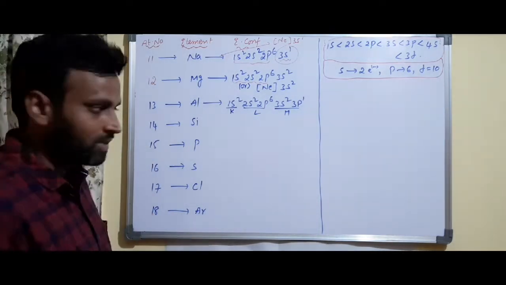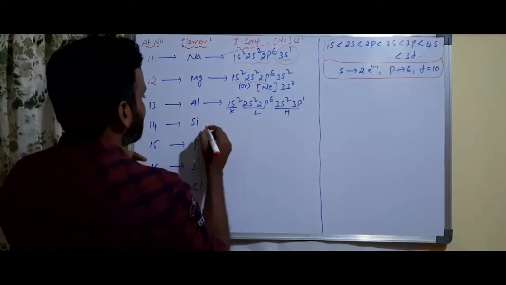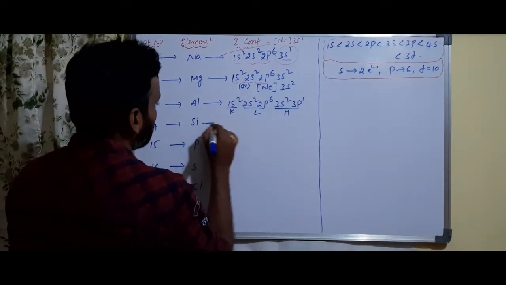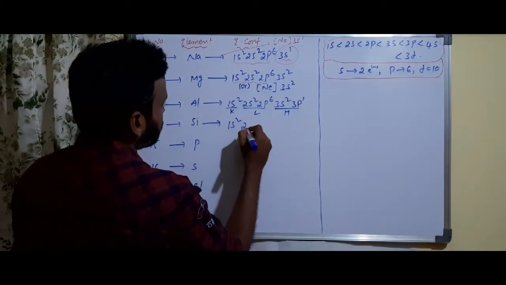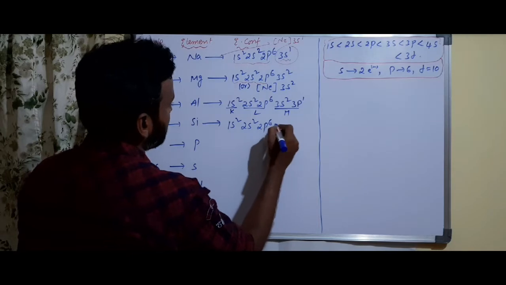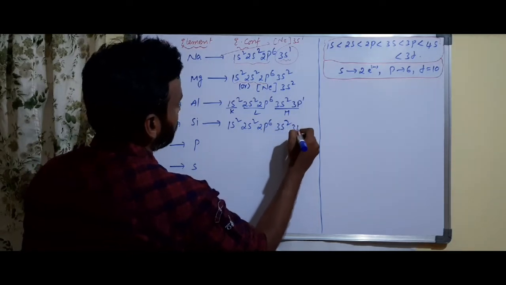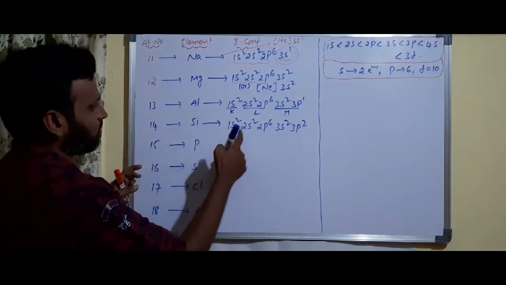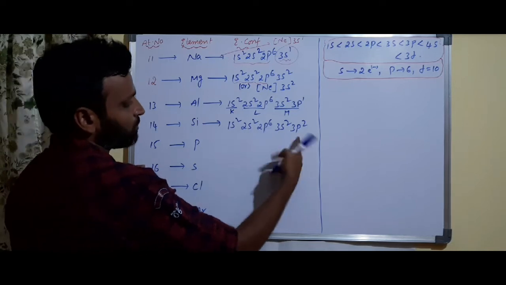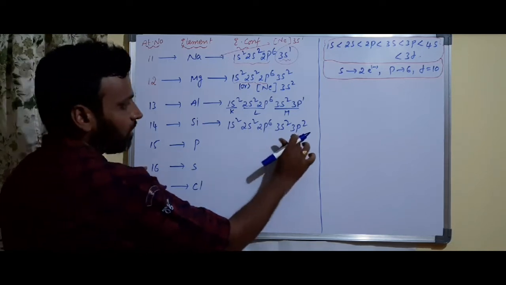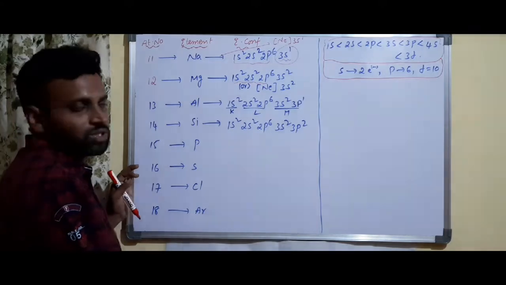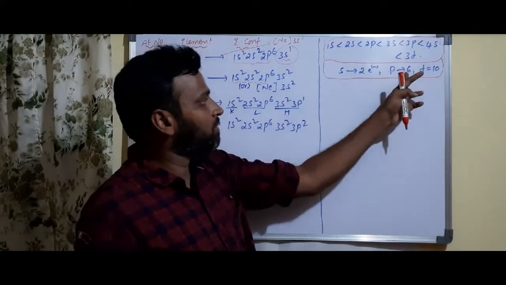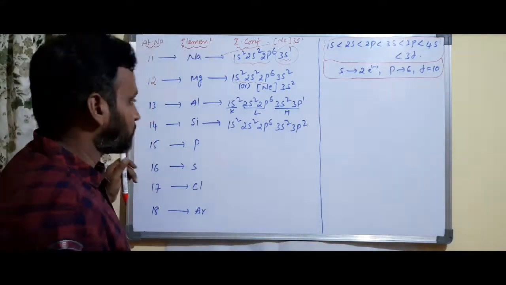Hope you understood, right? So next come to silicon. What is the silicon configuration? 1s2 and 2s2 and 2p6 and 3s2 and 3p2. You can check once, up to here 10 and 10 plus 4, 14. 3p also can be filled up to 6, because p can have maximum how many electrons? 6 electrons, as I told you.